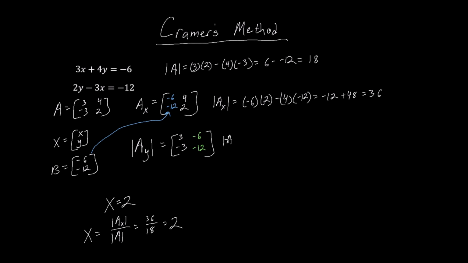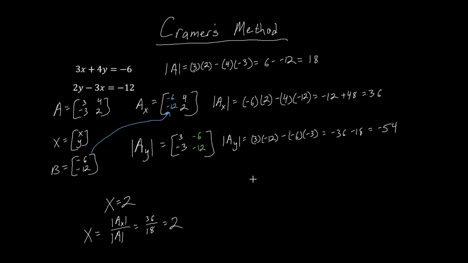So now let's go ahead and figure out what the determinant of A sub y is. It is 3 times negative 12 minus negative 6 times negative 3, giving us negative 36 minus 18, which in this case will give us negative 54.